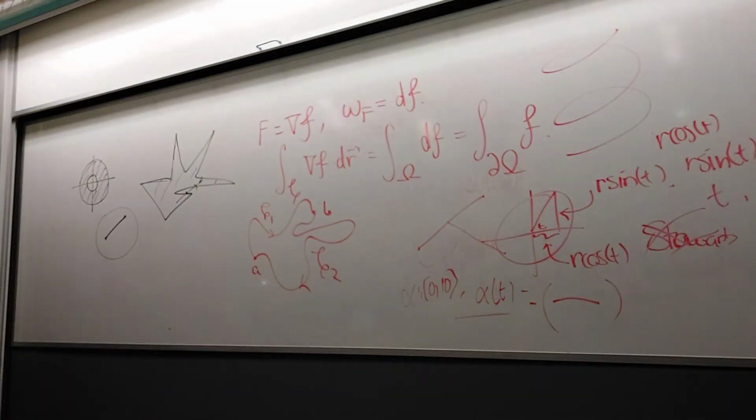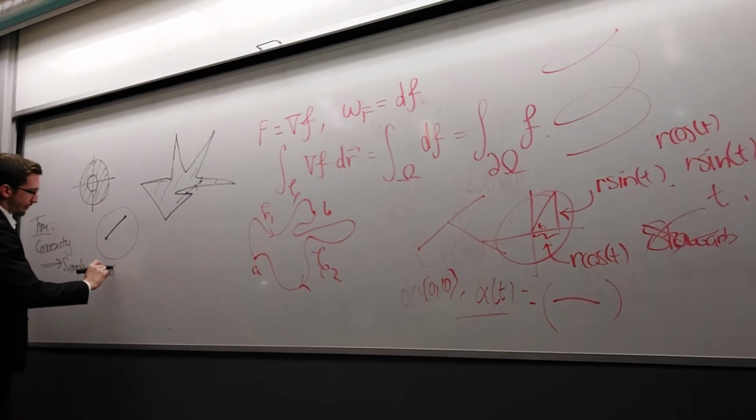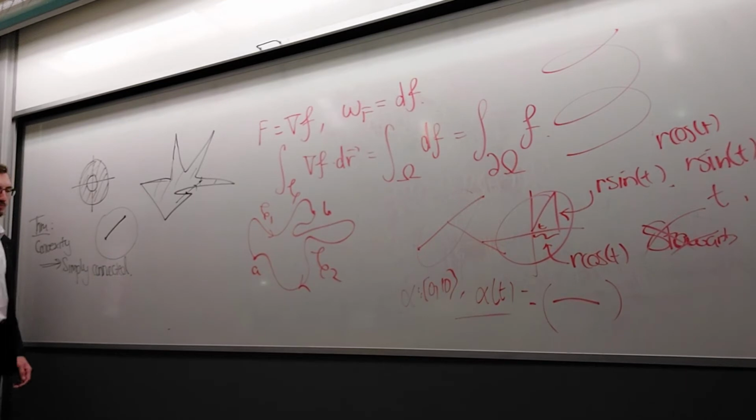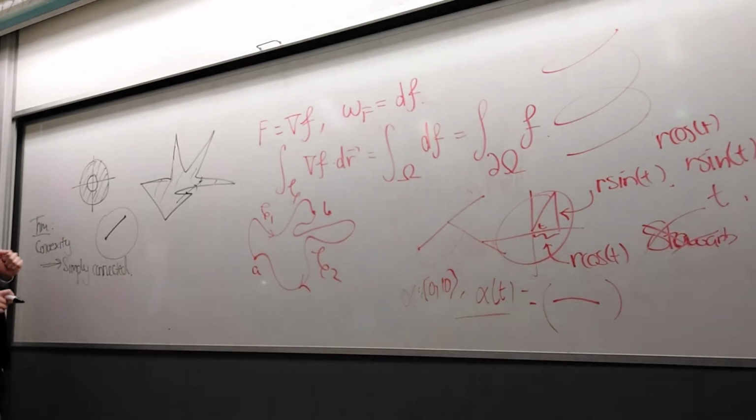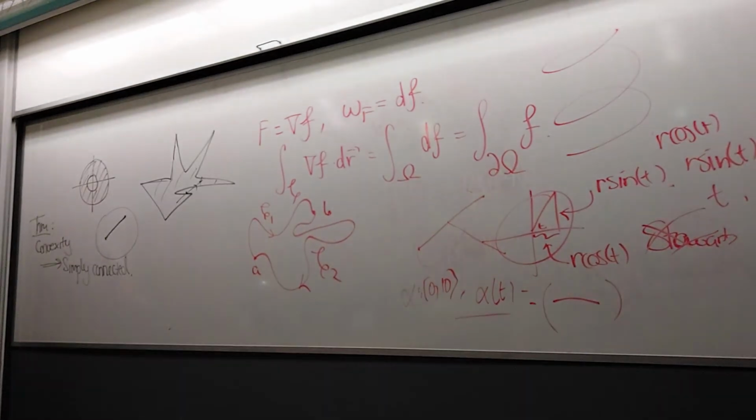Let me give you the following theorem, which I leave as a homework problem to prove. Convexity implies simply connected. If it's convex, any 2 points are contained in there, the line joining them is contained in there, then it won't have any holes.